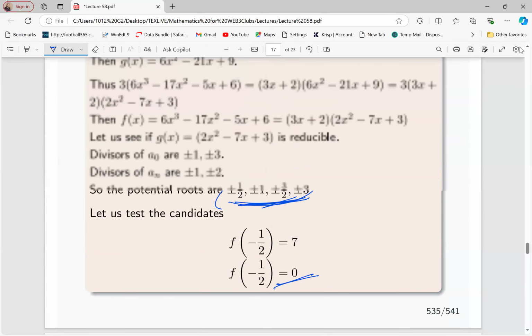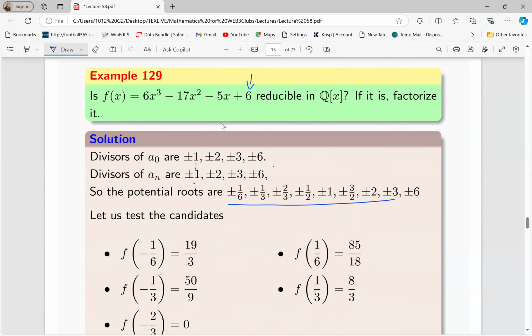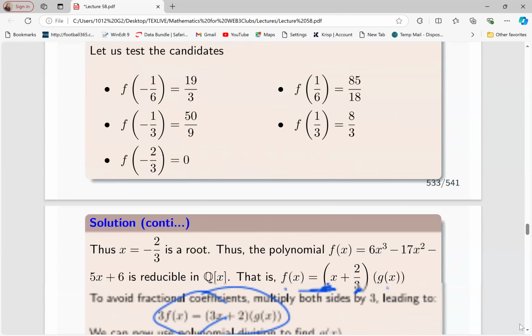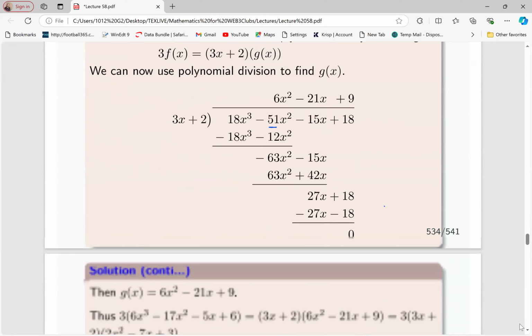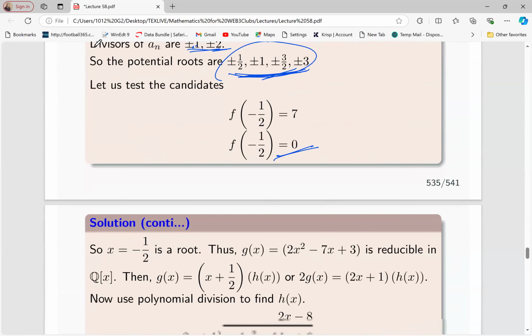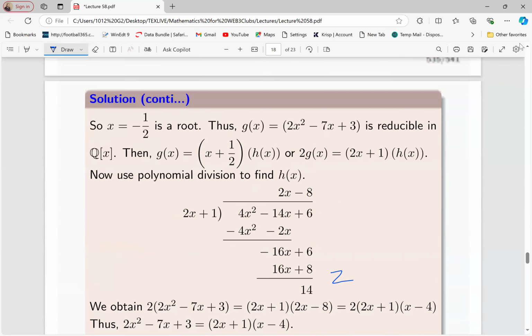Just come back and check. No, not mod for Z. We are doing it over the rational numbers.